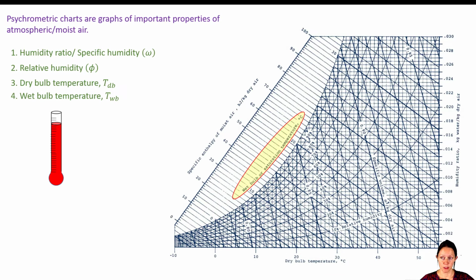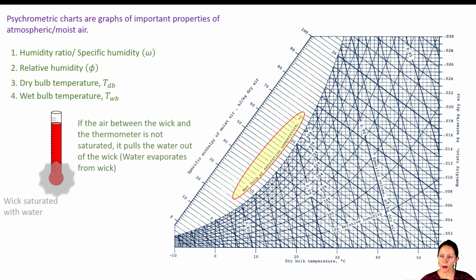My wet bulb temperature is on there as well, and this is measured kind of the same way. You've got a regular thermometer, except you've got a wick gauze that's saturated with water. If the atmospheric air between the wick and the thermometer itself is not fully saturated with water, then water evaporates out of that wick and joins the atmospheric air between the wick and the thermometer.